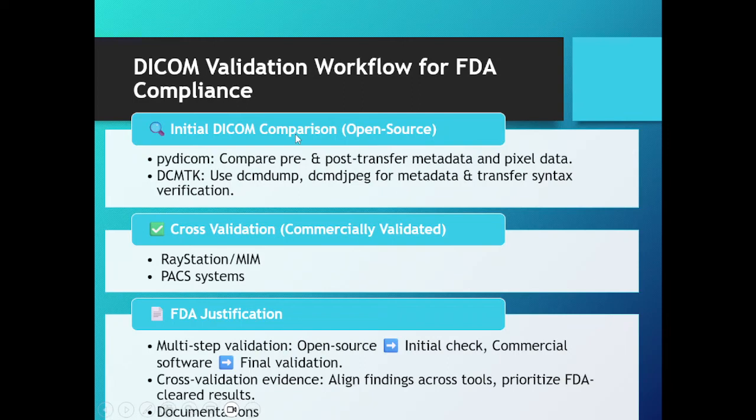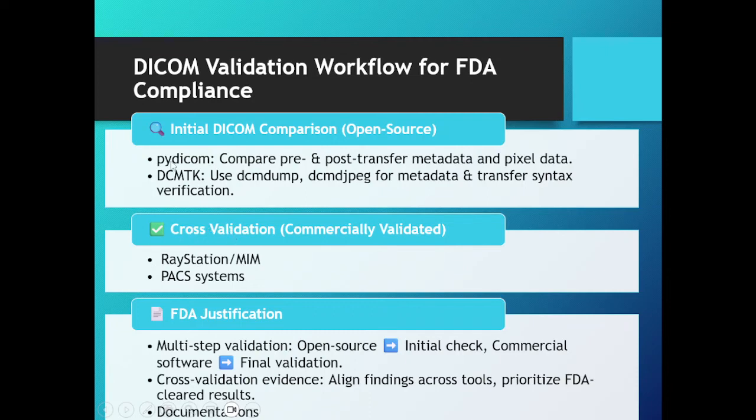How do we link to the commercially validated tools? One way we can do it is to compare the PyDICOM output for selected files with commercially available software, such as a planning system or the MIM system. Or if you are just dealing with images, then you can use a commercially validated PACS system. But here, the key is the cross-validation.